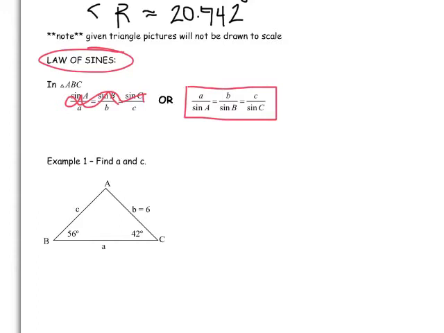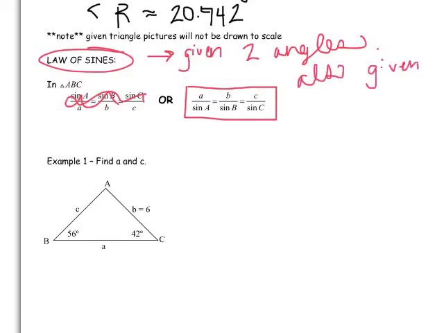And so this is just a proportion, so you're only going to use two at a time. So you may do a over sine A equals b over sine B, or you may do this proportion, or of course you could do a and c. But you're only going to use the law of sines when you're given two angles. And you also have to be given a pair.